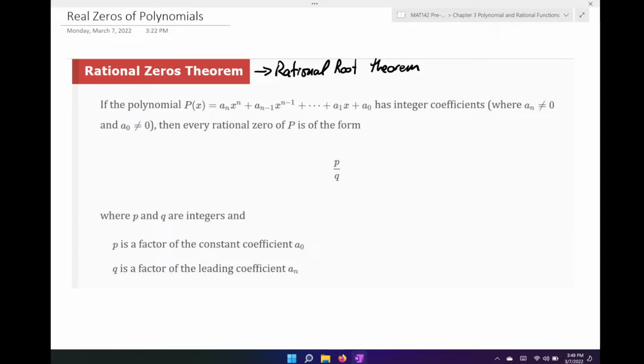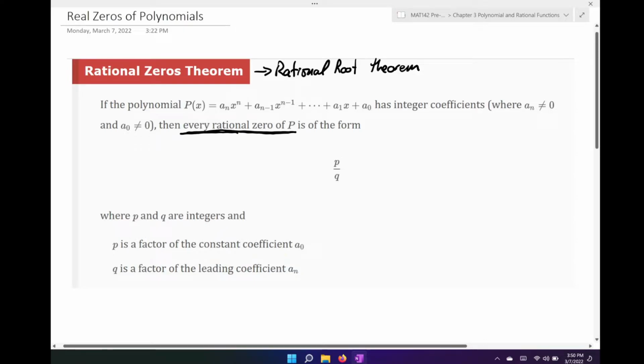What this theorem basically states is, if you have a polynomial with integer coefficients, then every rational zero of this polynomial is going to have this form p divided by q, where p and q are integers.